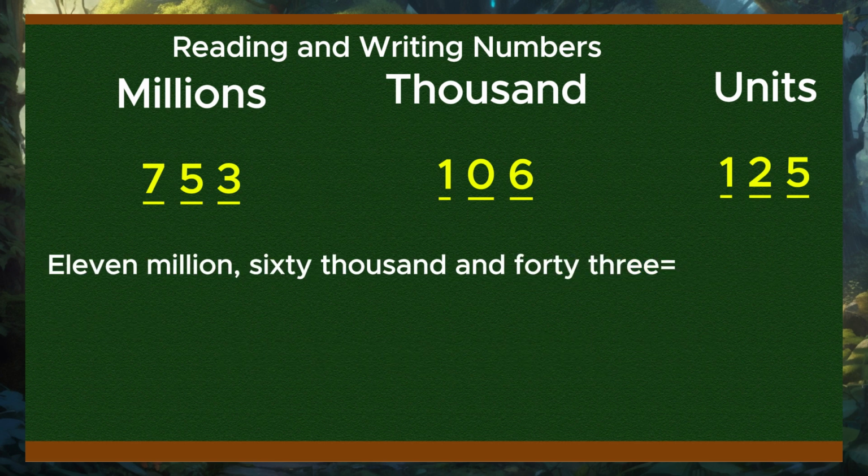Example 3. It is 11,060,043. So it's 11, comma. That's my million category. Then 60,000. I know I must have 3 digits, but I only have 60,000. There is no mention of 100. So what digit do we write to represent nothing?